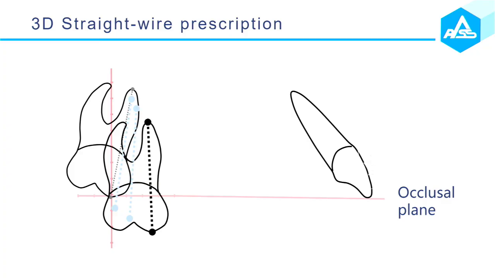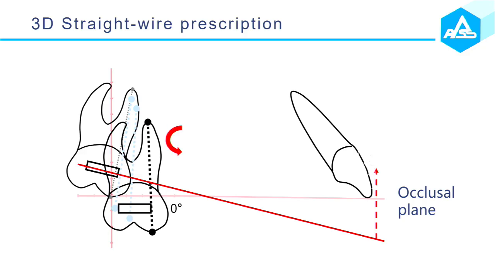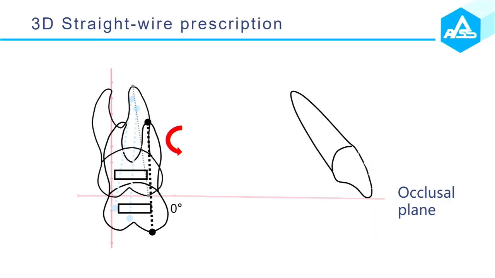Dr. Andrews used this to prescribe the buccal tube, 0 degree. If we put this 0 degree buccal tube on an adolescent molar and insert a straight wire, engaged to the incisor bracket, then the molar will get a forward tipping moment to express the prescription we put in the slots, right?